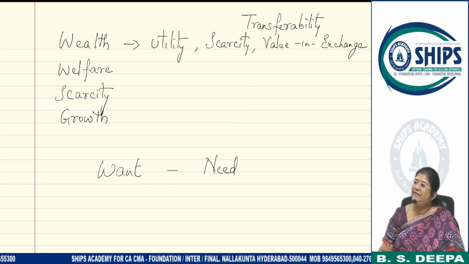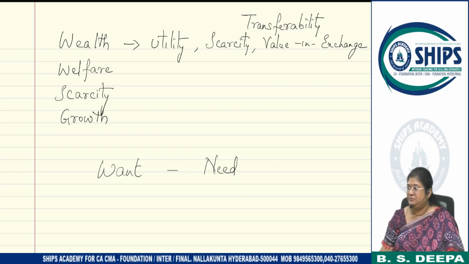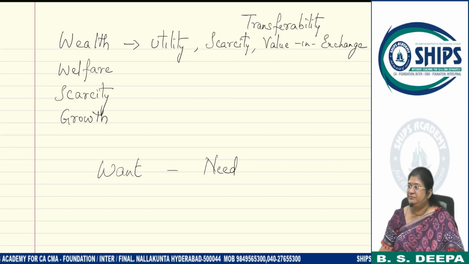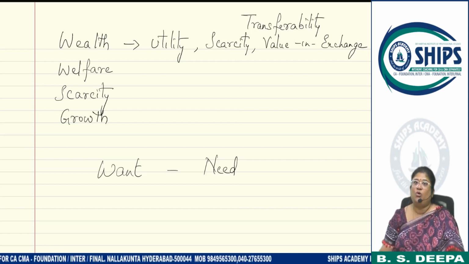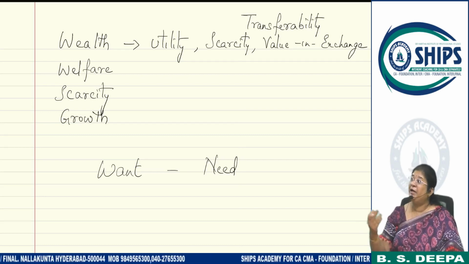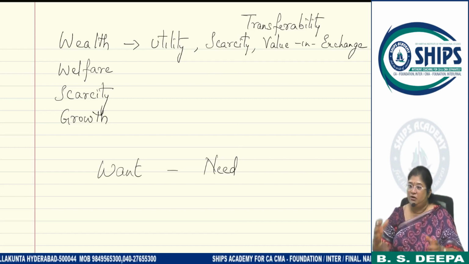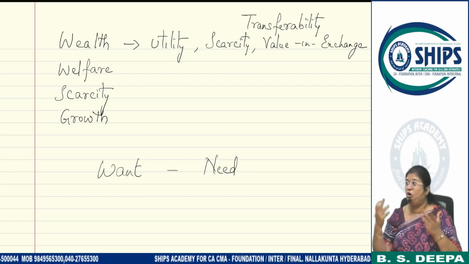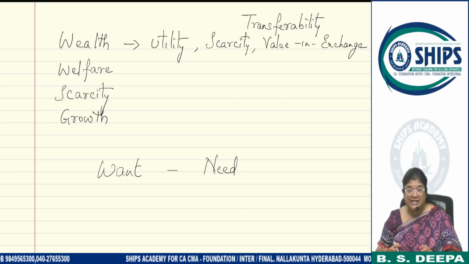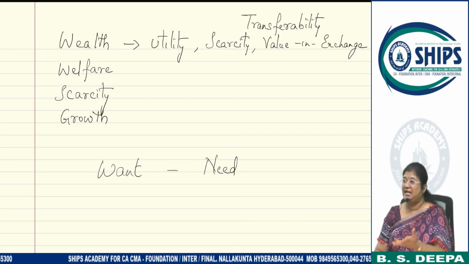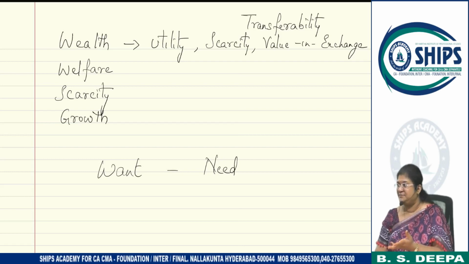Correct? Now, when we talk about water, it is a need. But if I say I want ice water, or I want it in the form of a juice, or I want very fresh Himalayan water, mineral water, something full of minerals, RO water, whatever it is, if I specify, then that means it is not just a need, it is a desire, it is a want.